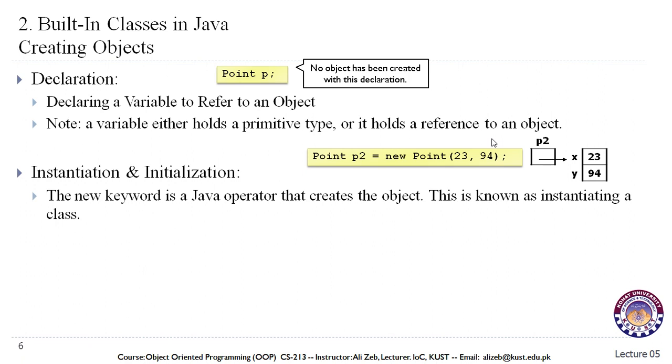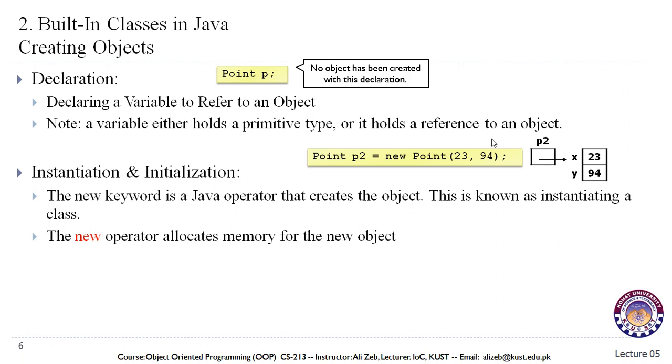The new keyword here is a Java operator that creates the object, and this is known as instantiating a class. The new operator allocates memory for the new object. As we have talked about previously, once we create the class, it lies there as a blueprint or a model. Unless we create an object for the class, it is not initialized, not instantiated, and does not come into existence.